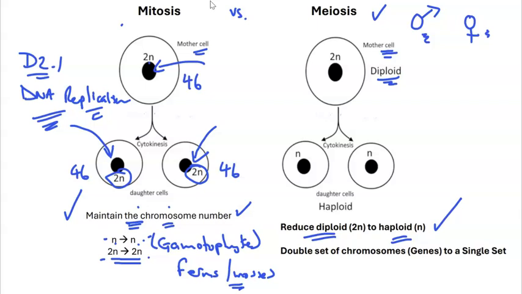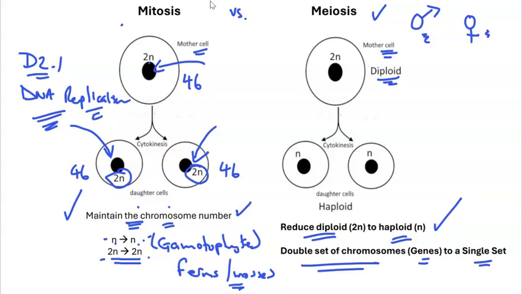Now there are a number of details to this meiosis process which are not revealed by this simple diagram. One of which I will introduce now is that essentially one should think of meiosis as reducing a double set of chromosomes, a double set of genes, to a single set of genes.